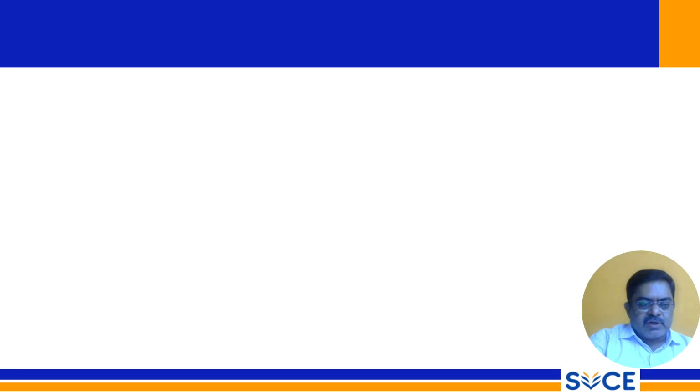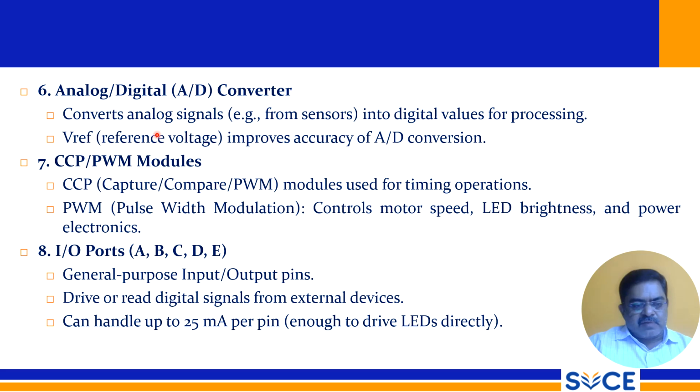Next, the A to D converter converts analog signals from sensors. The signals from sensors are normally analog in nature, so they should be converted into digital in order to send them to the processor or microcontroller.